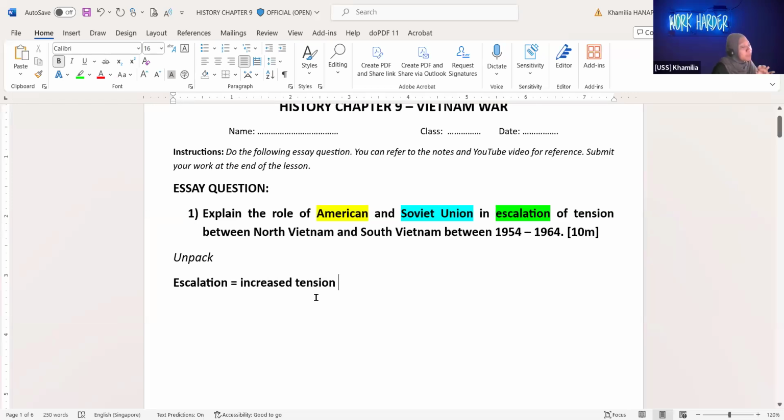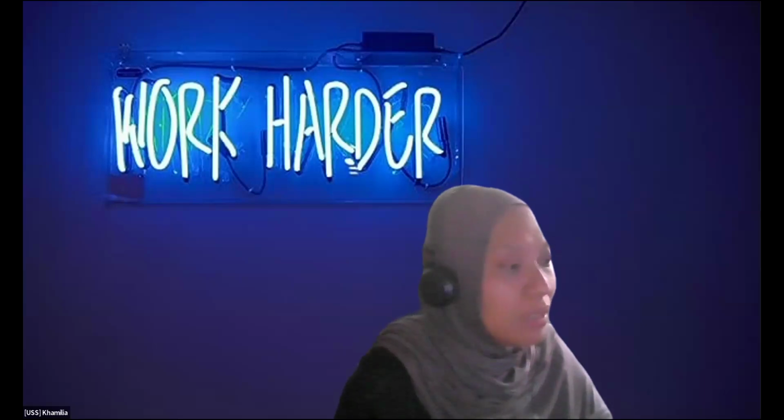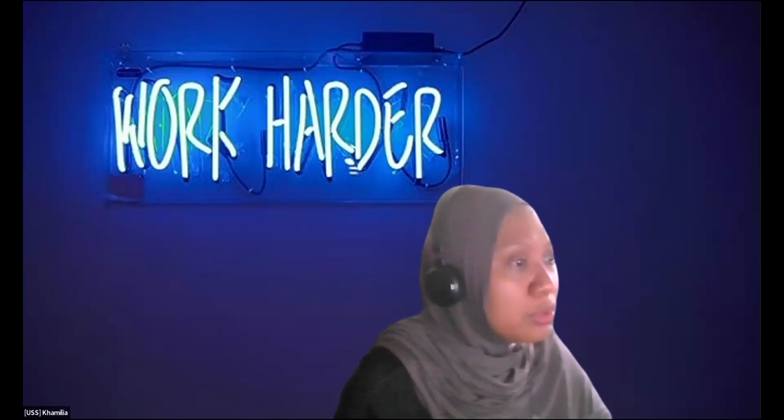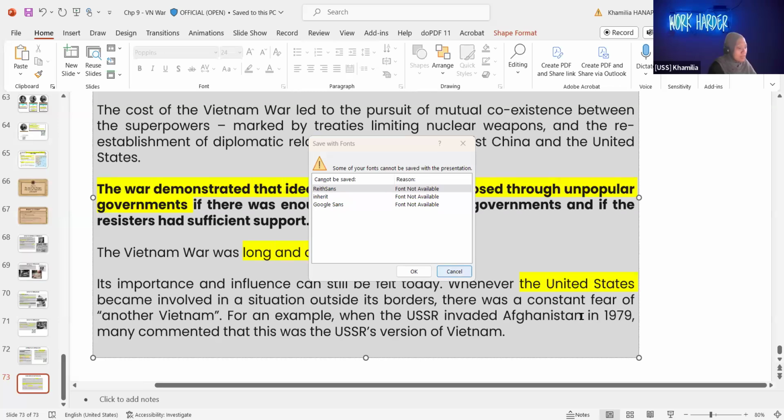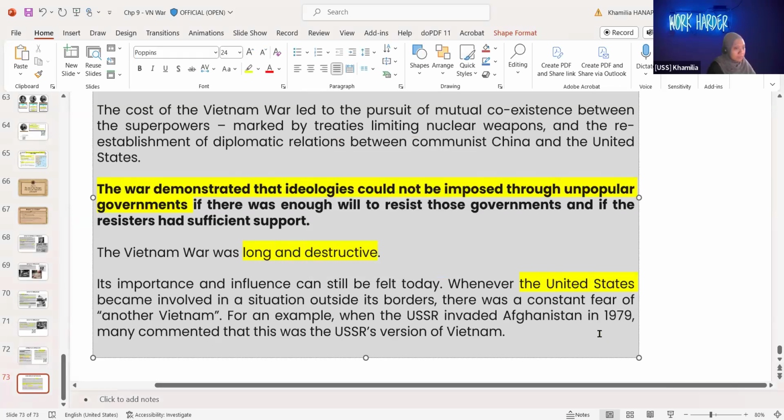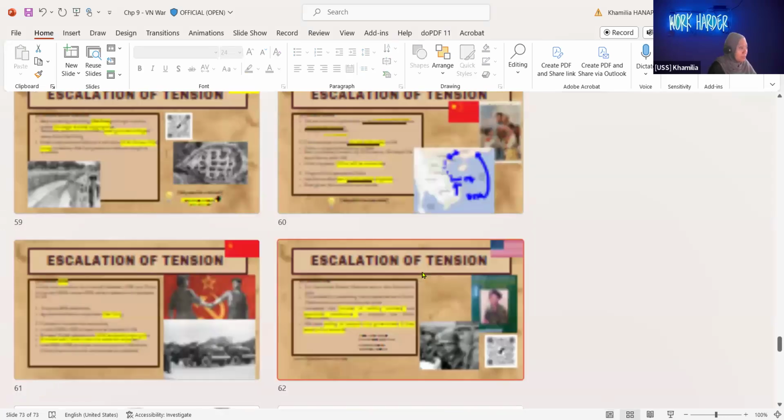So the role: what did America do? What did Soviet Union do? And what did they contribute? When you do this, how do you write specifically? You need to refer to your slides, and in your slides, it is this part.